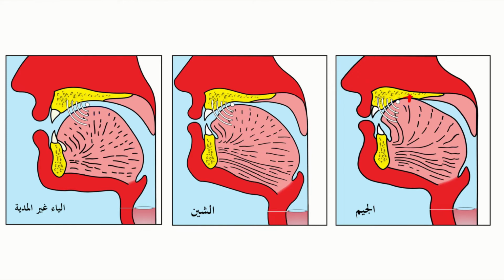With the sheen, the second image there, the middle of the tongue is moving up towards the middle of the upper palate, but there's a little bit of a gap. So it's not closed completely. Yeah, the image on the very left there, the same thing, the middle of the tongue moves up towards the middle of the upper palate, but again, it does not close.